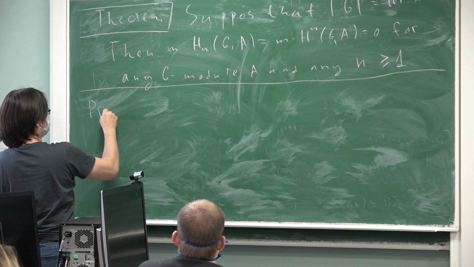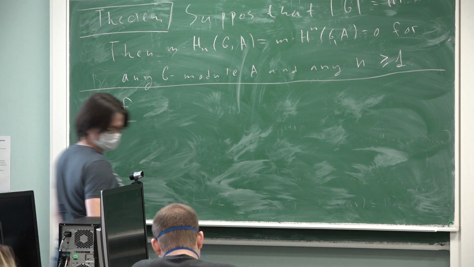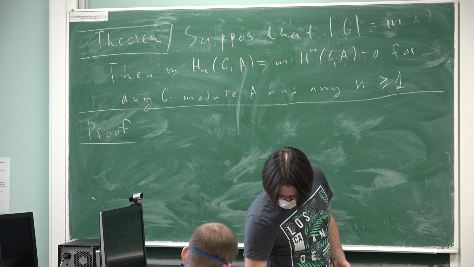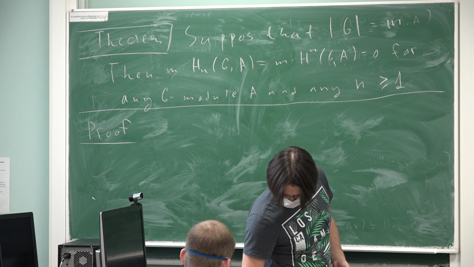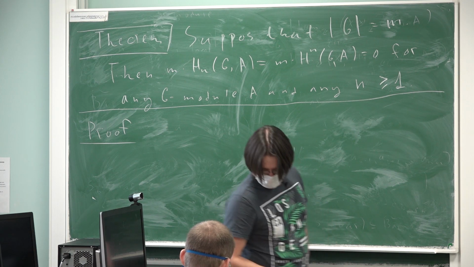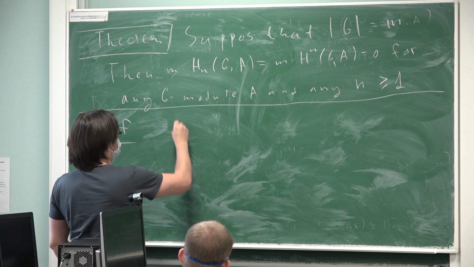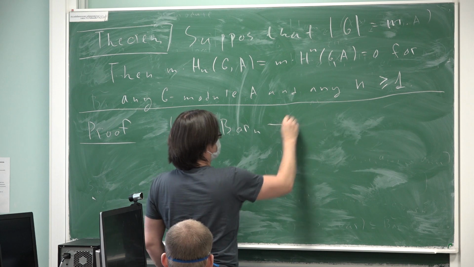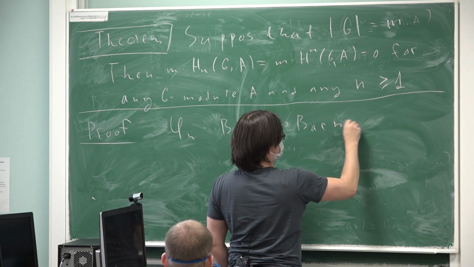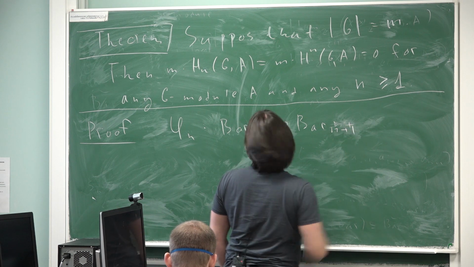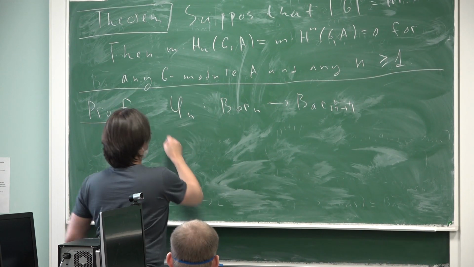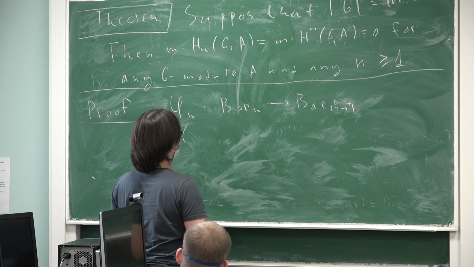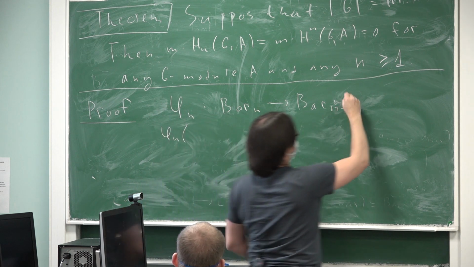Proof. Let us define phi n from bar n to bar n plus 1 by the formula, and it is a ZG module homomorphism.